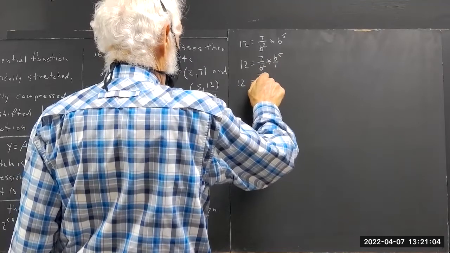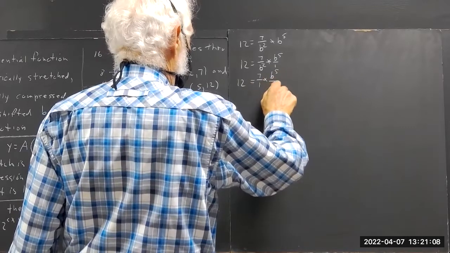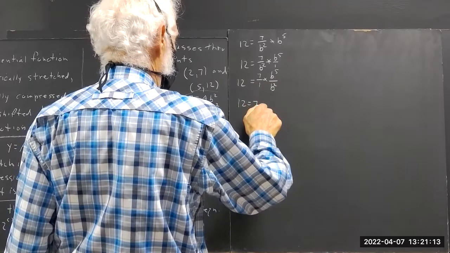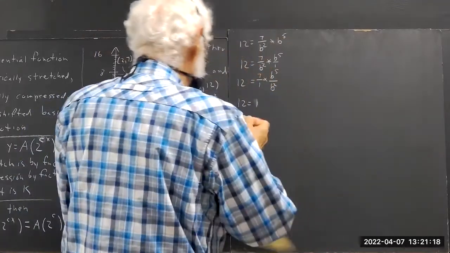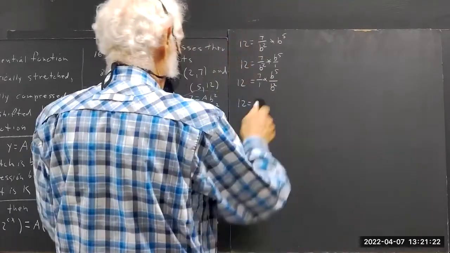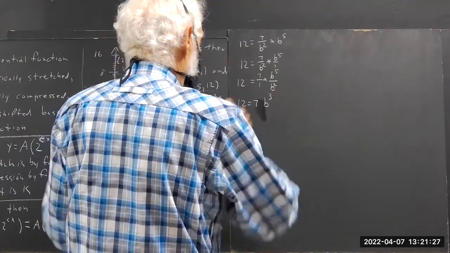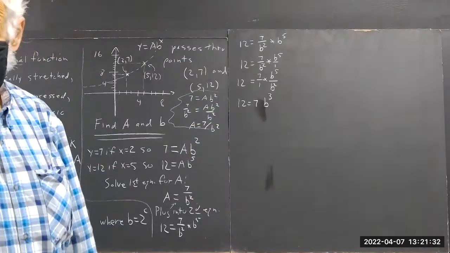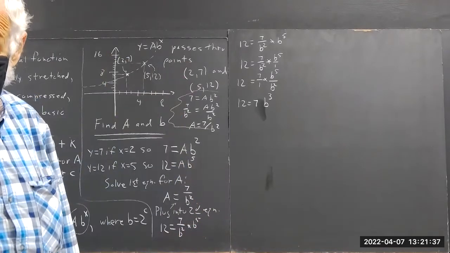And we can write that as 7 over 1 times B to the fifth over B squared. And we end up with 12 equals 7 times B cubed. It's very simple algebra of fractional expressions, okay?